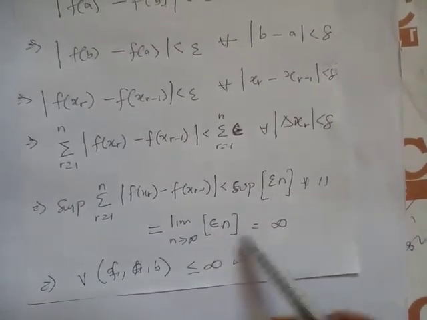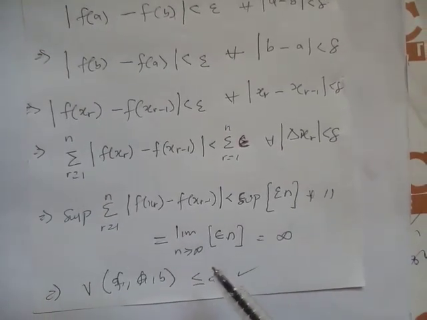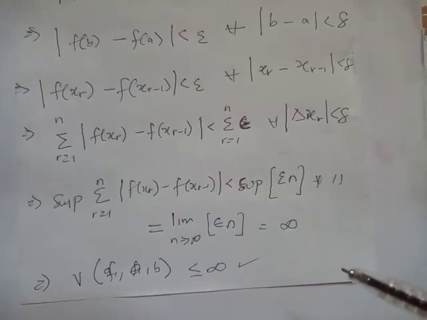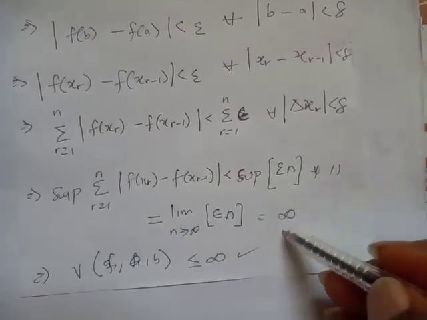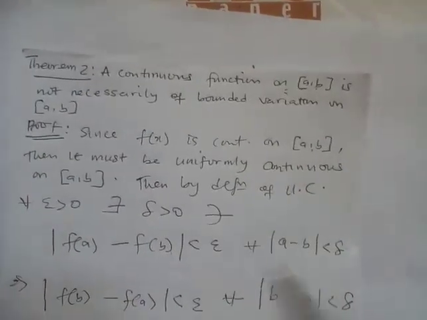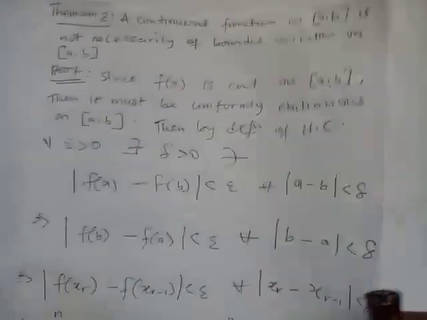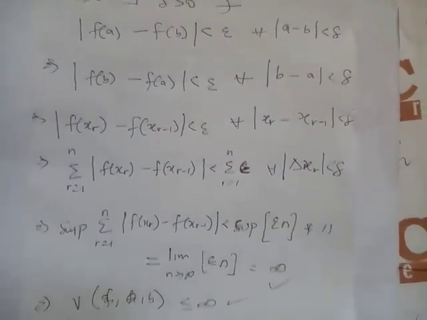Although we got less than infinity, it may be of bounded variation, it may not be of bounded variation, because you can see we have infinity here. So that shows that not every continuous function is of bounded variation. So that proves the theorem.